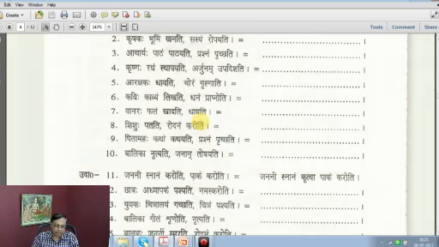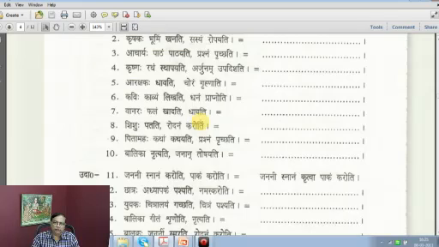Purvam Vanaraha phalam khadati, paschat dhavati. First, a monkey eats a fruit and then later runs. Vanaraha phalam khaditva dhavati. A monkey after eating a fruit runs. Next. Purvam shishuhu patati, paschat rodanam karoti.